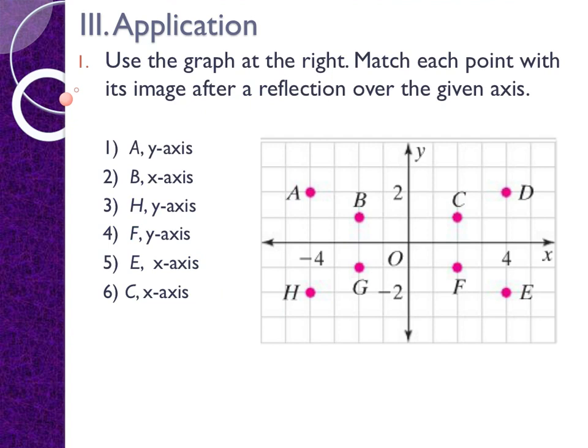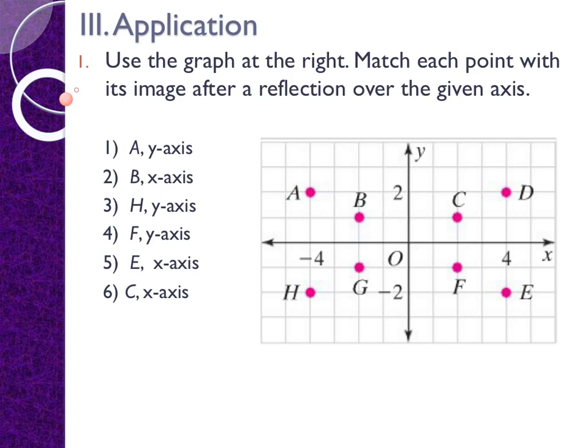Use the graph at the right, match each point with its image after reflection over the given axis. So remember, this is my x-axis and my y-axis. For my y-axis here, it is 1, 2, 3, 4 away from my y-axis.